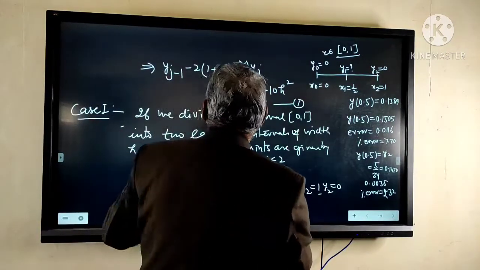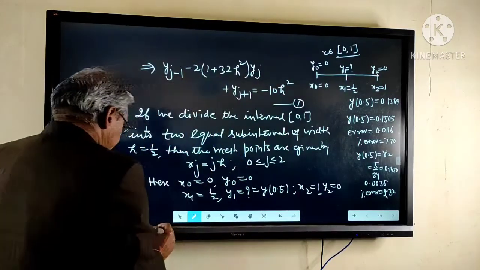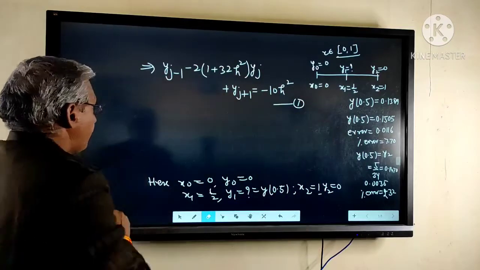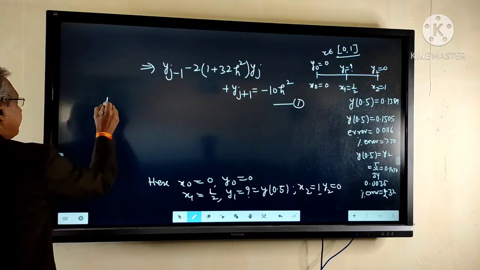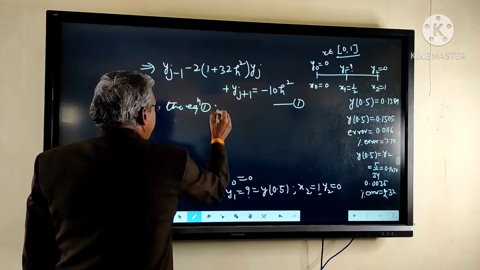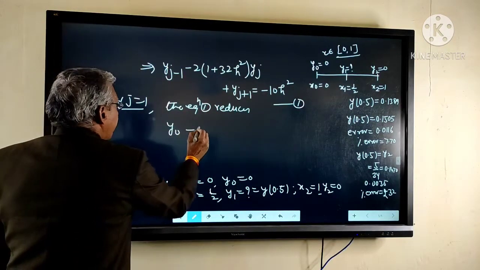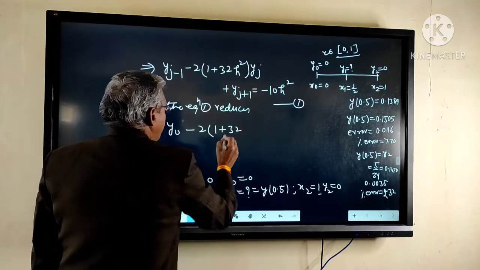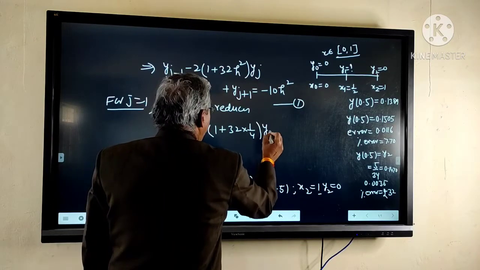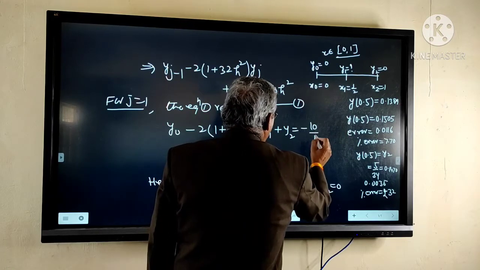Therefore, for j equal to 1, the equation reduces to y0 minus 2 into (1 plus 32 into 1 by 4) y1 plus y2 equals to minus 10 upon 4.